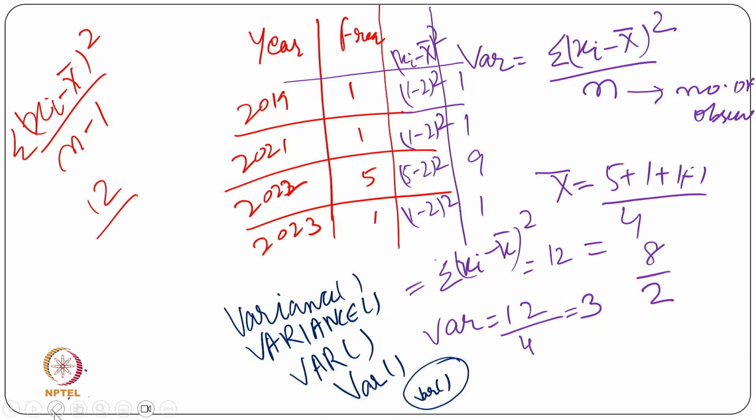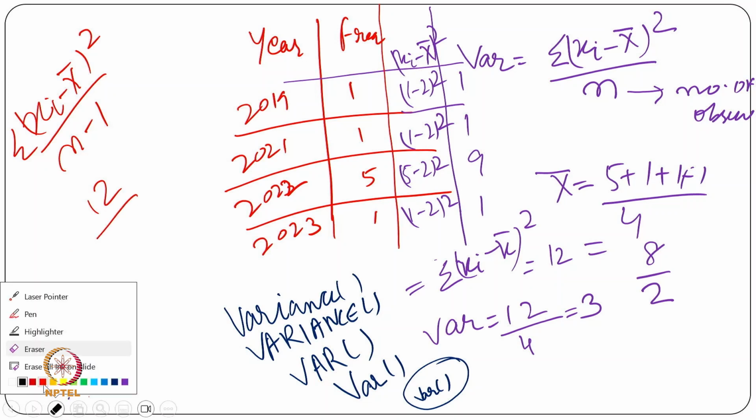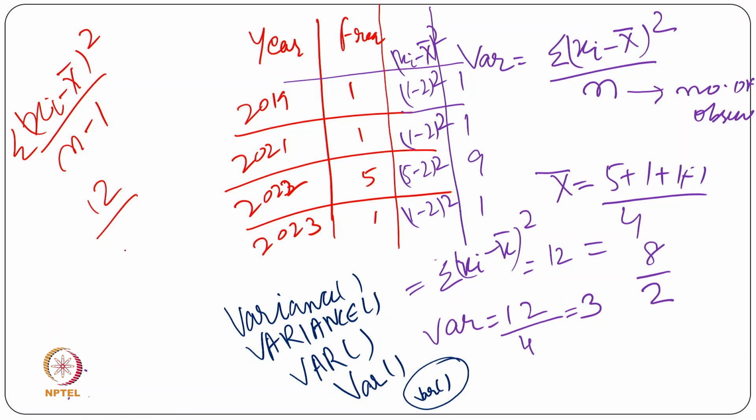So 12 by (n minus 1), n is 4, 4 minus 1, that is equal to 3. So 12 by 3 equals 4. So now we are getting 4. So now we are getting the right answer that R is calculating. We can say that R is calculating the right variance of a sample.